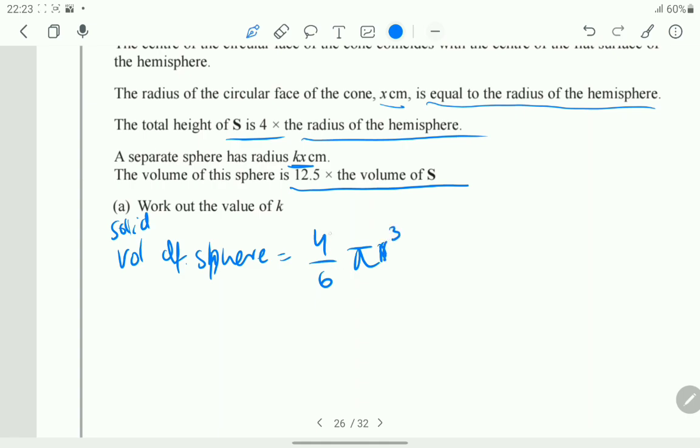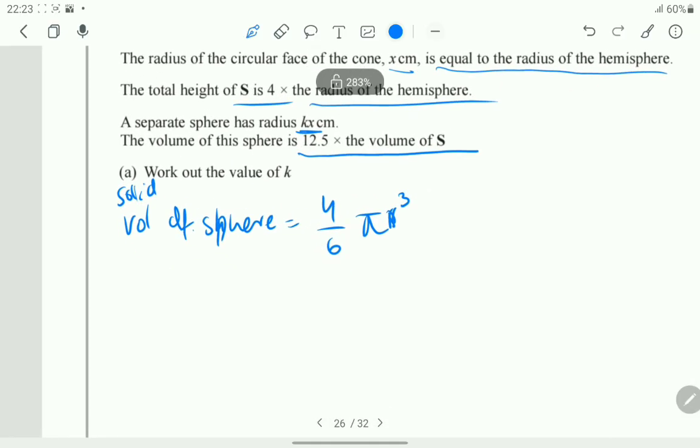The formula for a full sphere is 4 by 3 pi r cube, but since this is a half sphere, the formula is 4 by 6 pi r cube.